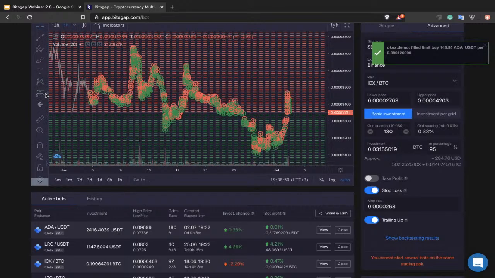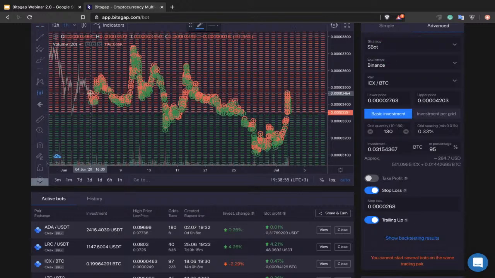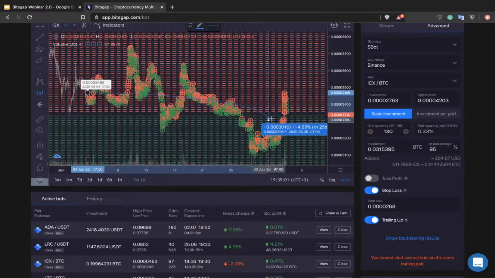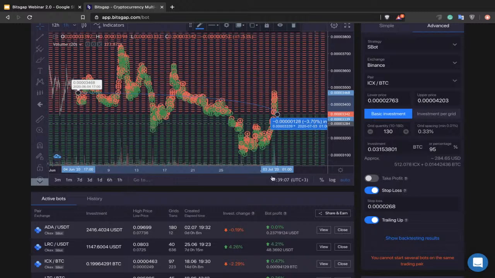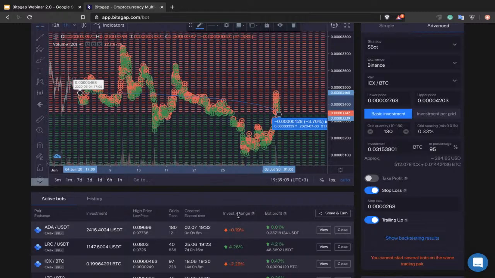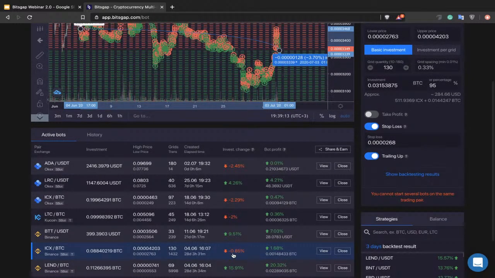So the current price is over here, and the point of inception was back at the beginning of June. If you would simply hodl this coin down to the current price, that would be minus 3.7% of your investment change. But with automation, that's only minus 0.85% because we have the bot profit to offset this negative value change.